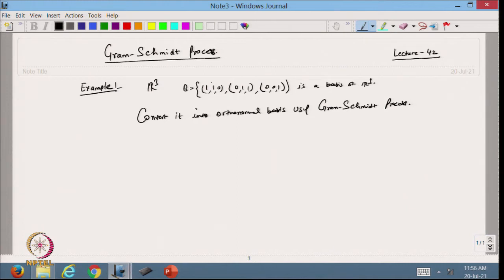Now, I will call these V1, V2, V3. These are the three vectors I am taking. So, let us take U1, which is V1 divided by its magnitude.